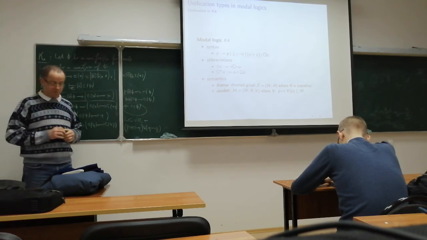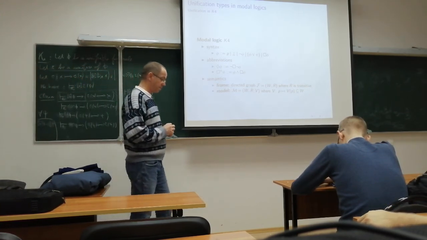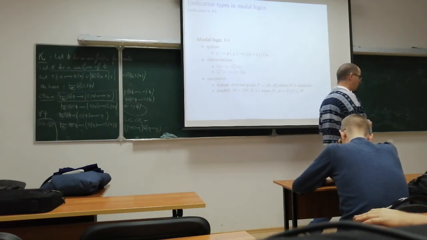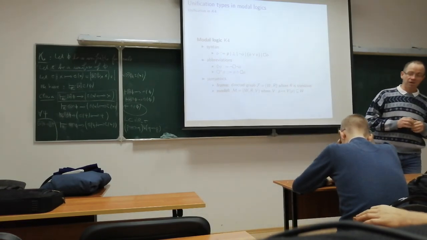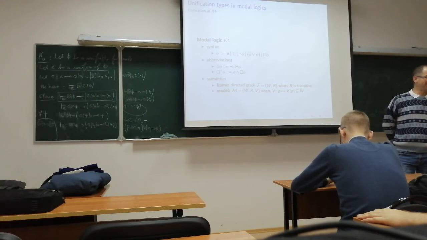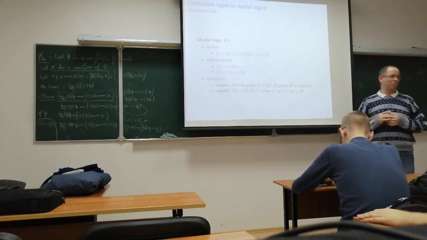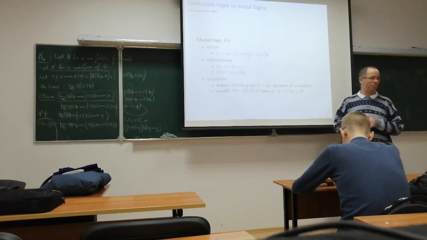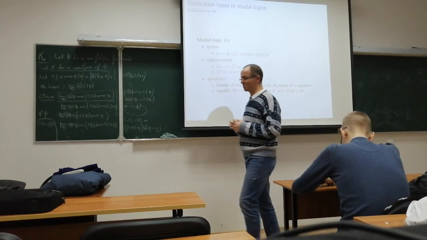And we will prove that modal logic K is unary. And we will prove that modal logics like K, all normal extensions of K5, are unitary. And maybe also some others, I will see. But each time it will be a different proof. In this way, it is interesting to see different proofs to show the unification type.